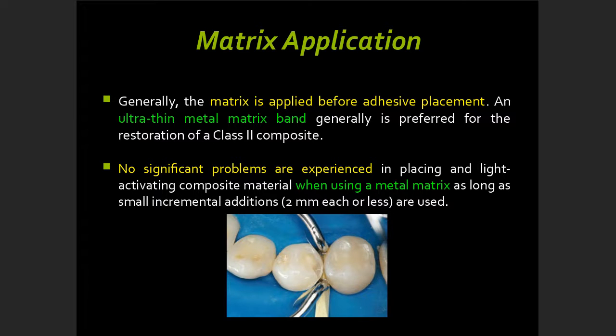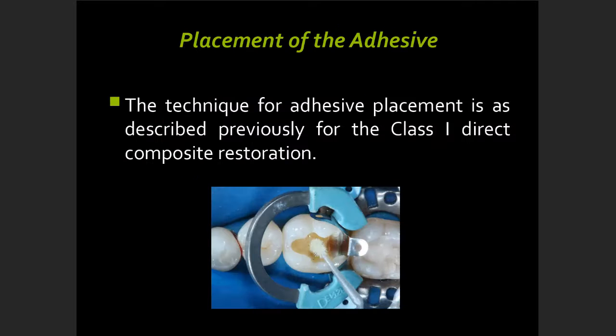But you have to be careful that you don't place thick increments more than 2 millimeters. Now all the steps are same, that is first doing the etching. Now this is a sectional matrix. If you can see in the picture, this is a sectional matrix.